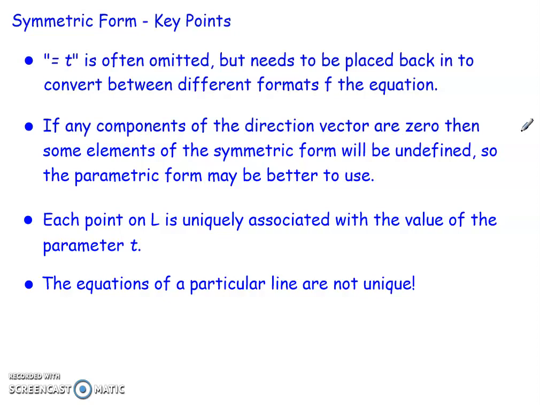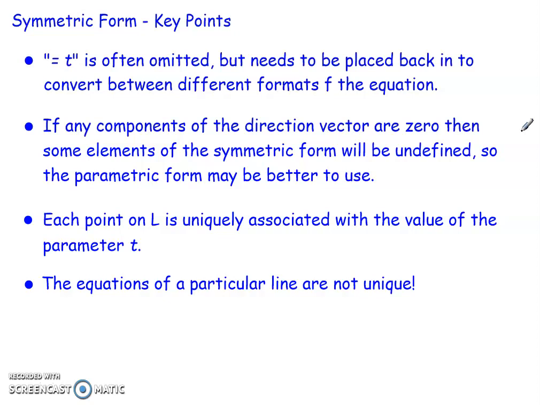Quite a lot of times you'll just see them write x minus x1 over a equals y minus y1 over b equals z minus z1 over c, without the equals t at the end. However, when you're converting it back, that equals t has to be put in for each of the components. So you'd have to write x minus x1 over a equals t, y minus y1 over b equals t, and z minus z1 over c equals t to convert between the types.